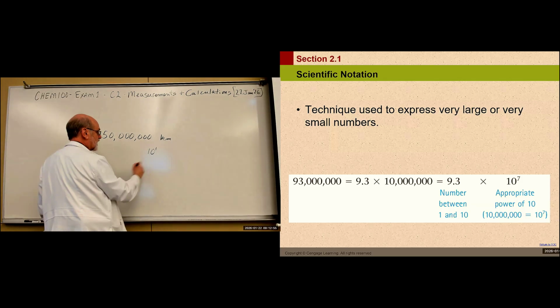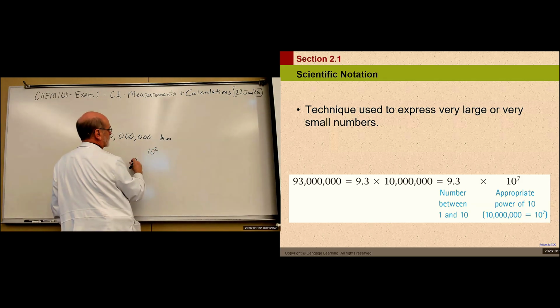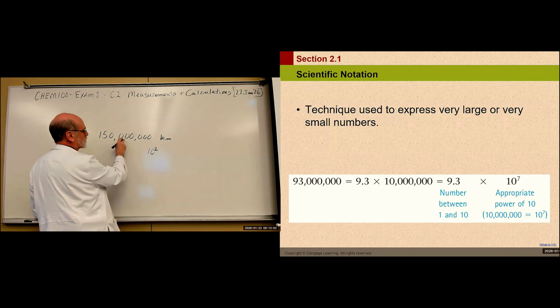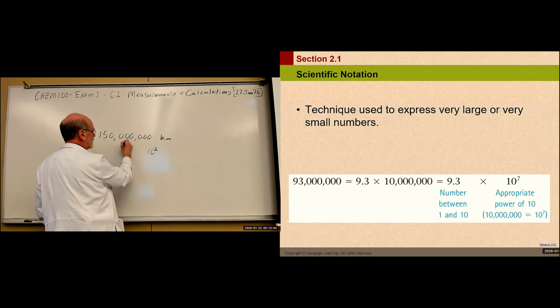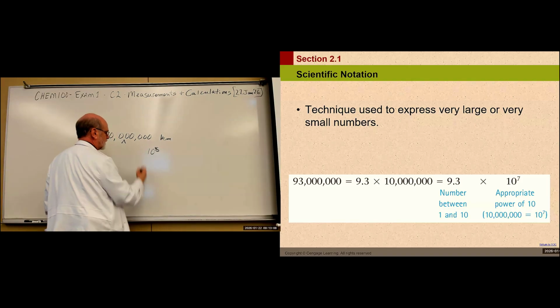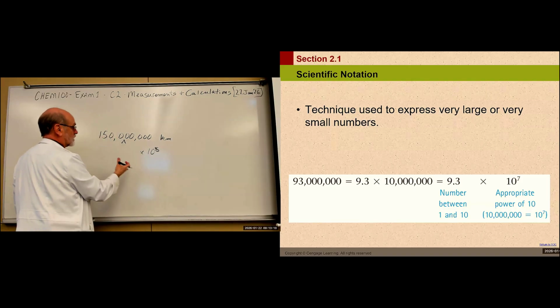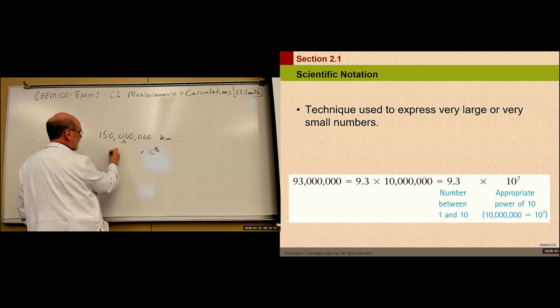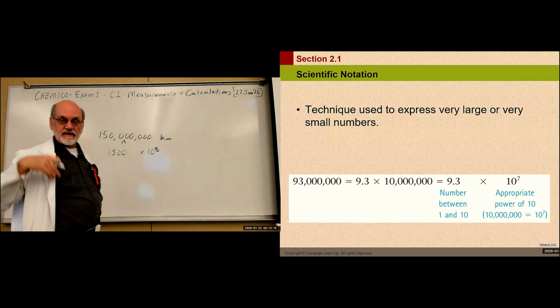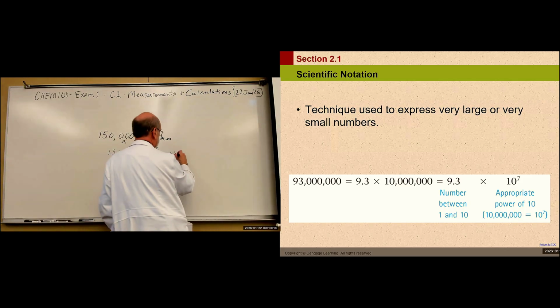So if we move again to the left, we get another one, right? 2, 3, 4, 5. Say we only move 5 over here, right? So we stop right there, and this becomes 5. Then what's left over is 1,500 times 10 to the 5th. That's exponential notation.